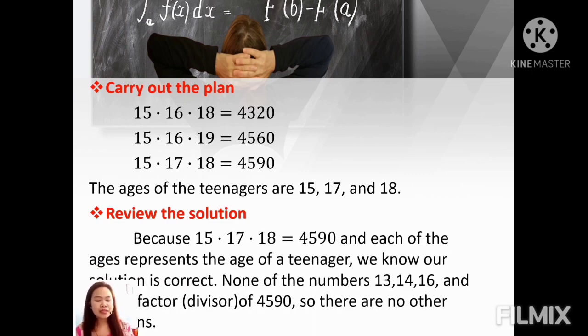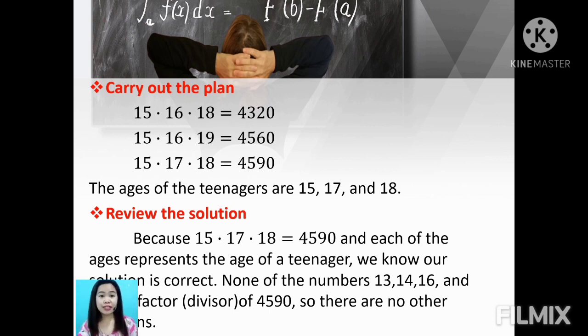Okay? Since, if we will check, 13, 14, 16, and 19 is not a divisor of 4,590. So, in other words, there are no other solutions other than those first three na nakuha natin as a solution.